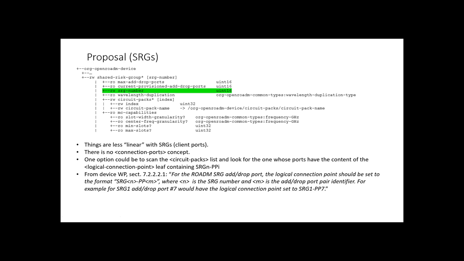So we have to rely on something that is declared not in the model itself, but in the white paper that contains a recommendation on how to encode and use the model. And the recommendation there is to name the port something like you see here.